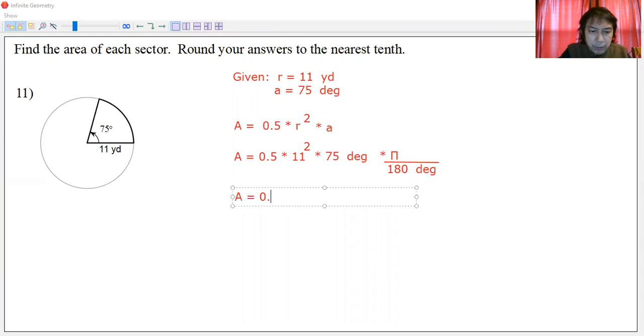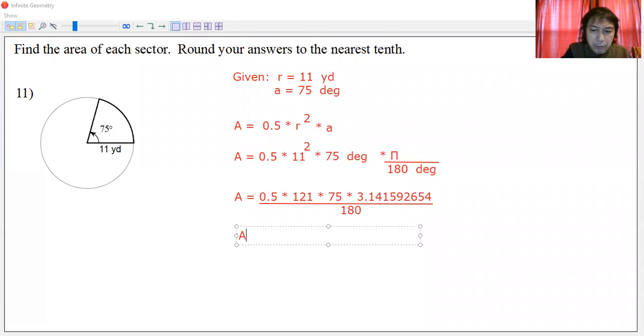All right. So we shall write the numbers. Next line, this will be 0.5 times 11 squared is 121 times 75 times pi, and we have to divide these four numbers by 180. So this will now be, the next line, the product of the four numbers divided by 180.